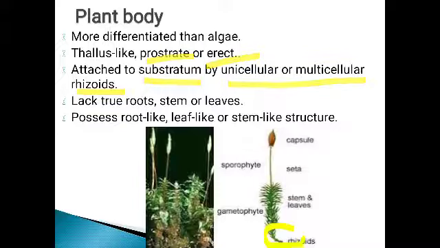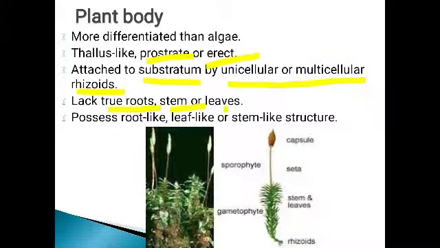What are rhizoids? They are root-like structures. Here you can see the root-like structures present at the base of this plant body, by which it attaches to the substratum, that is the rhizoids. Then they lack true root, stem or leaves.